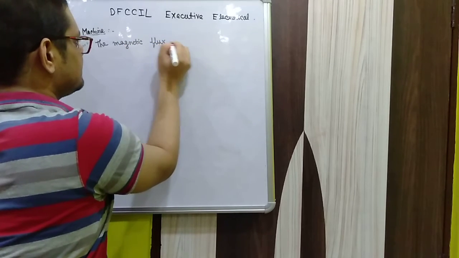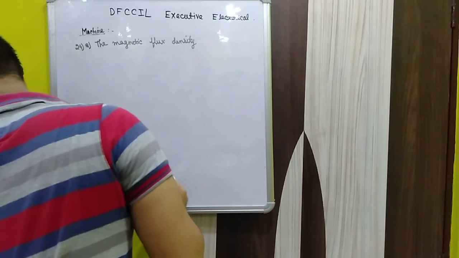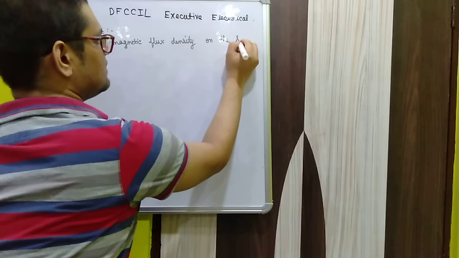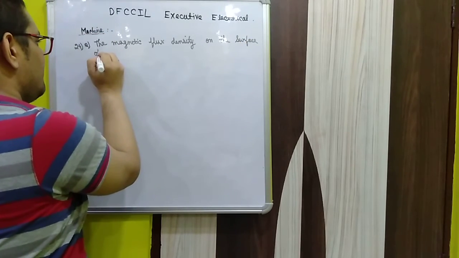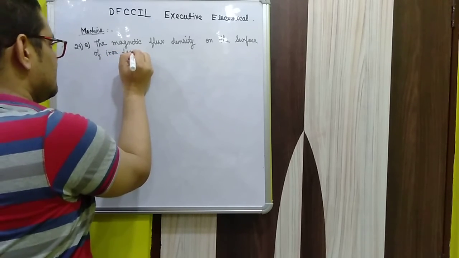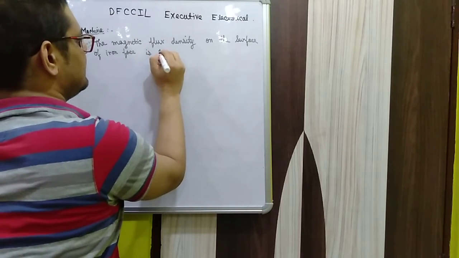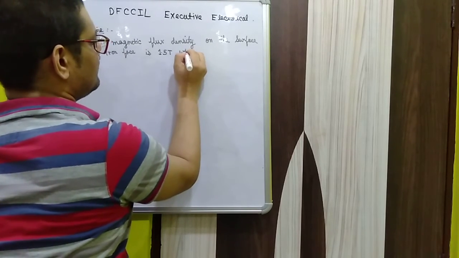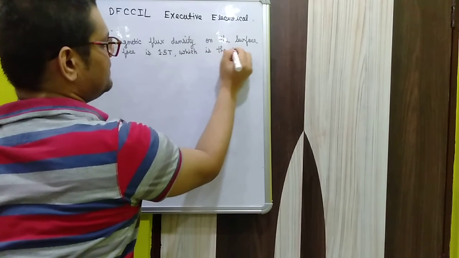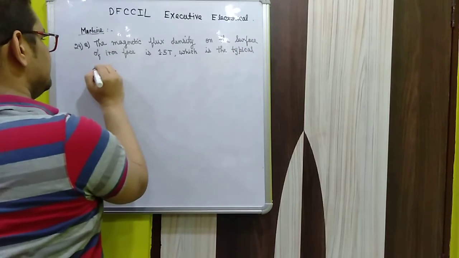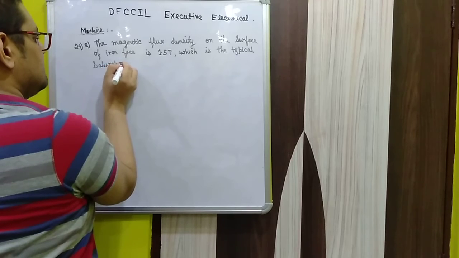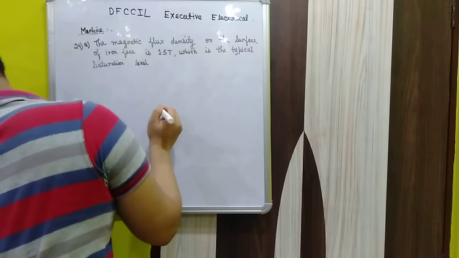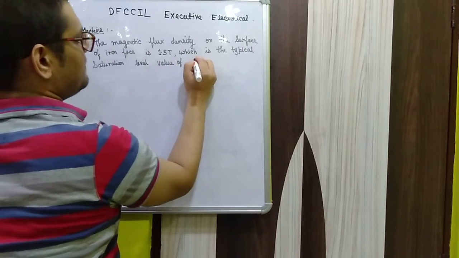The magnetic flux density on the surface of iron phase is 1.5 Tesla, which is the typical saturation level value of ferromagnetic material.